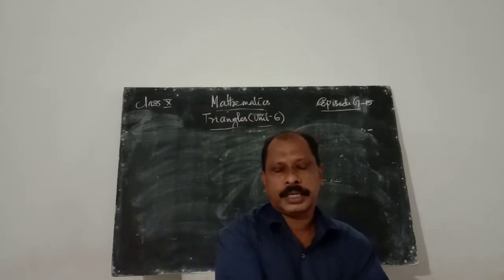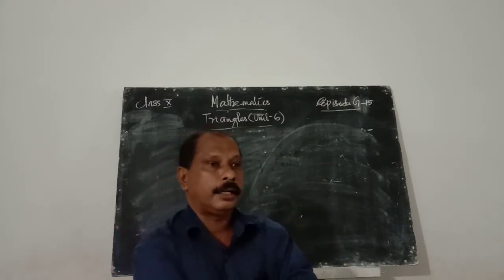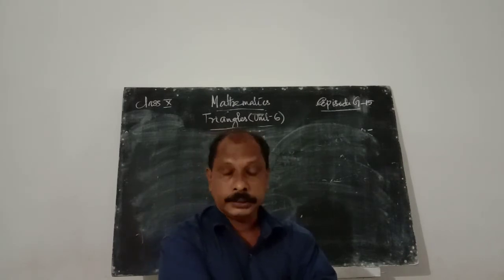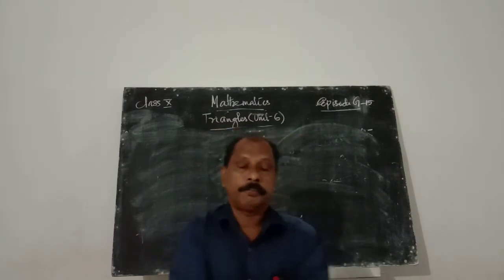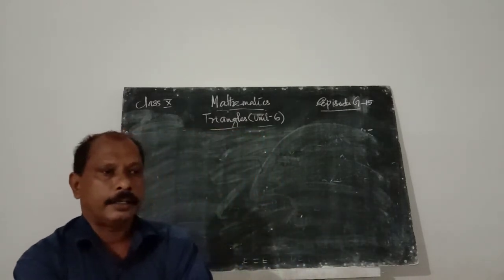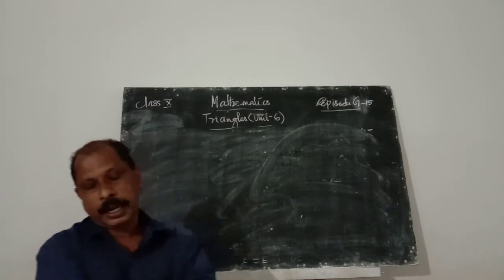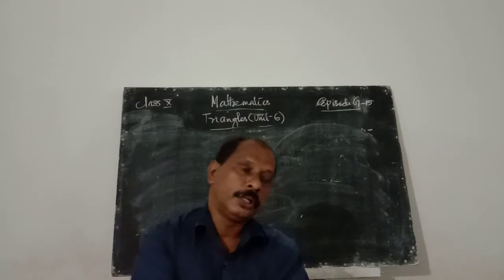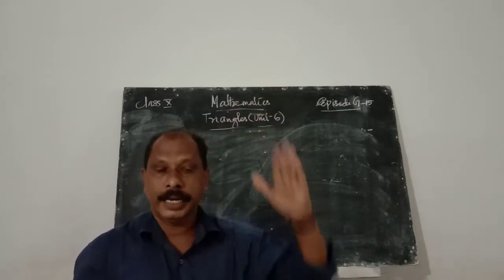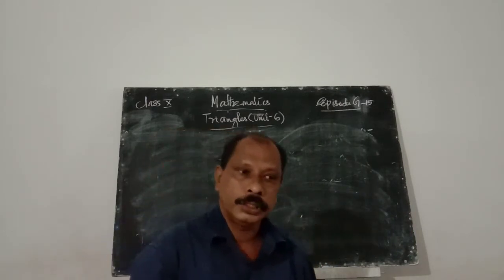For that, the first construction is to draw DM perpendicular to AC and EN perpendicular to AB. Join B and E, then C and D. We know that the area of any triangle is half base into altitude. Therefore, area of triangle ADE, with base AD and altitude EN, is half into AD into EN.